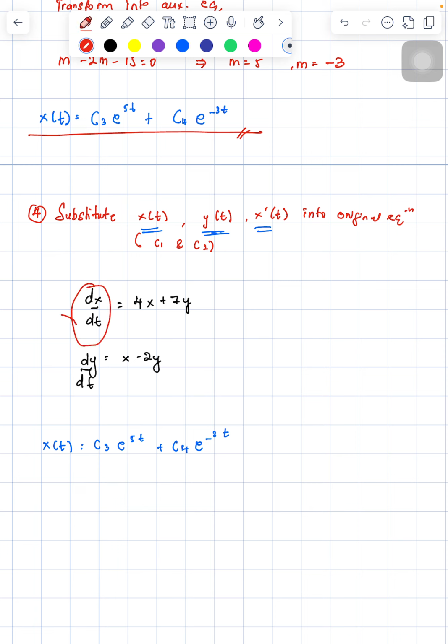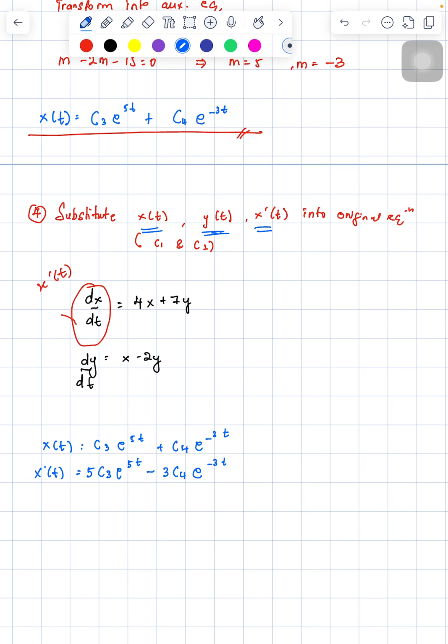Dx over dt actually is x prime t, meaning we have to differentiate xt. So our x prime t is 5c3 e to the power of 5t minus 3c4 e to the power of negative 3t.